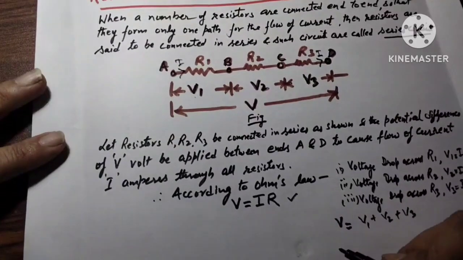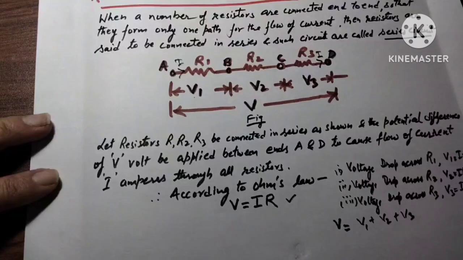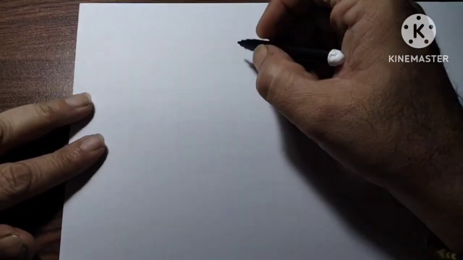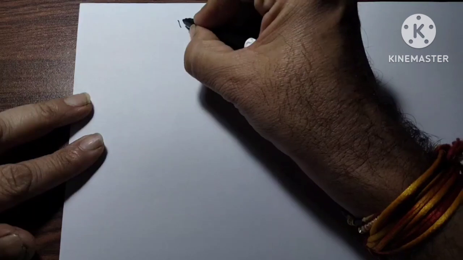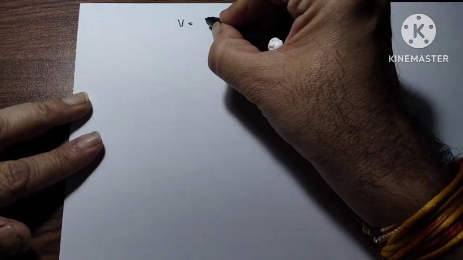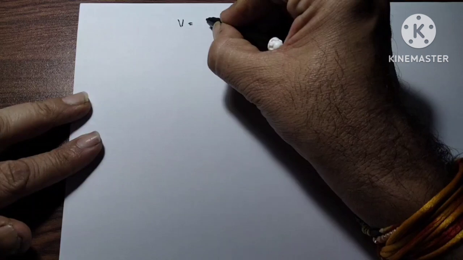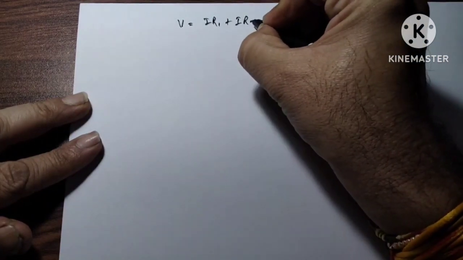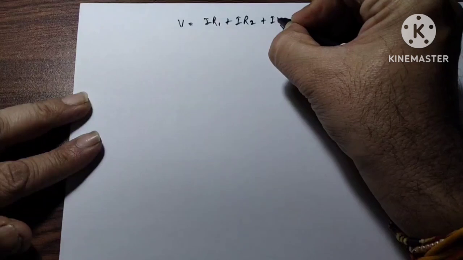We will get V is equal to V1 plus V2 plus V3, which is I R1 plus I R2 plus I R3.